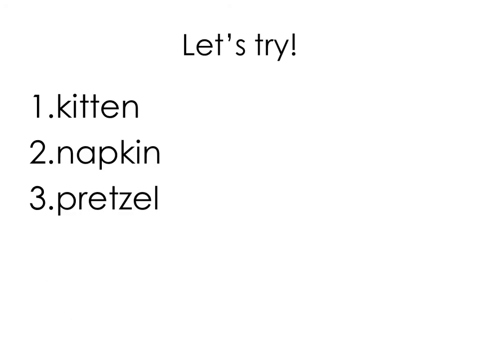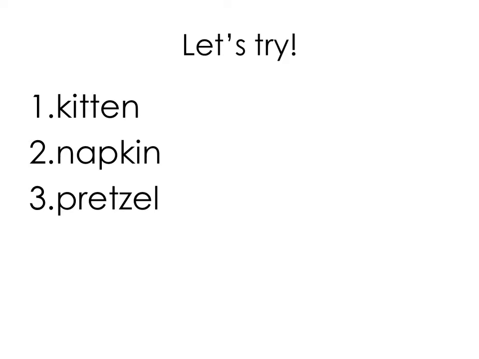Now, let's try. We are going to divide these words into 2 syllables. We're going to syllabicate these words. Now, the first one, you get your drill board and then answer it on your drill board. 1, 2, 3. Go. If you're not yet done, click the pause button.